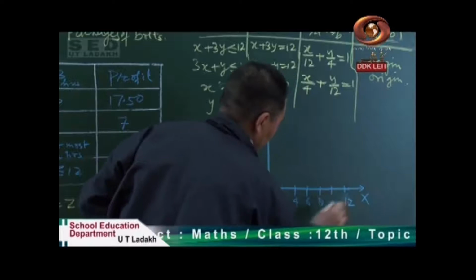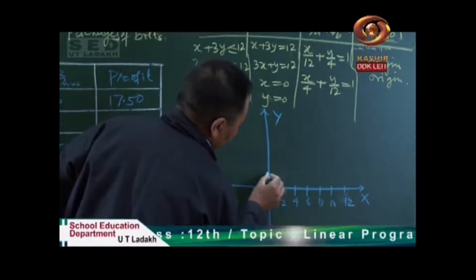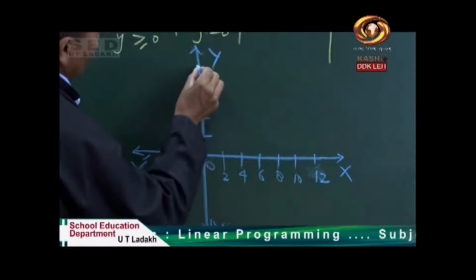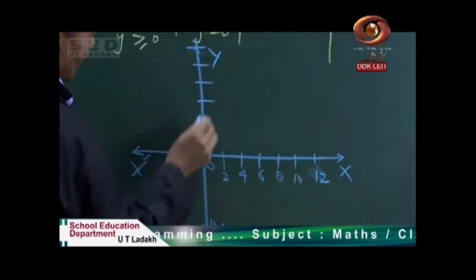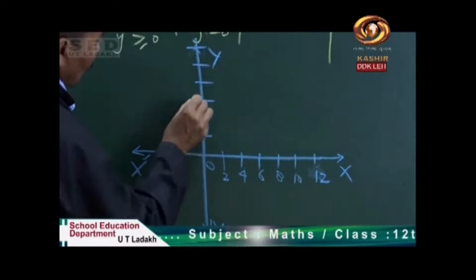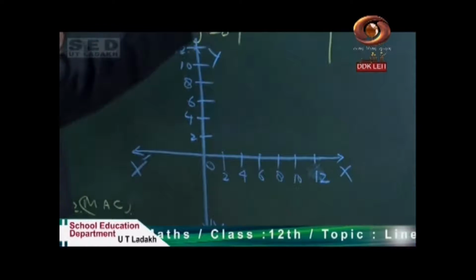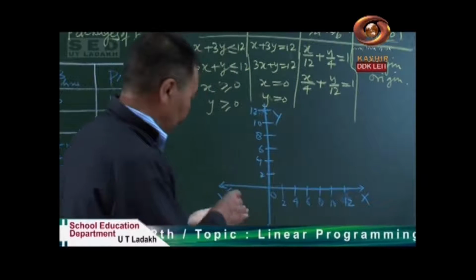This is x-axis. Similarly, same fraction on y: 1, 2, 3, 4, 5, 6 over here. This is 2, 4, 6, 8, 10, 12. The coordinate of y also runs from 4 to 12.